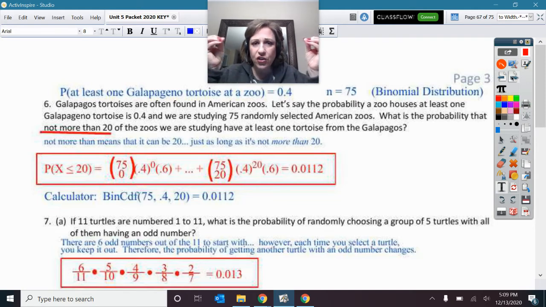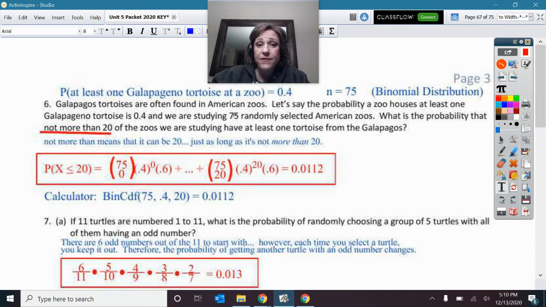This is a good problem to make you think that just because we see "at least one," don't automatically go, ooh, I need to do that special technique. Stop and think and see if it's one of those where it's at least one success. Here, the Galapagos turtles are found in the American zoos, and the probability that they have at least one tortoise is 0.4. That doesn't mean we want to find at least one of the zoos.